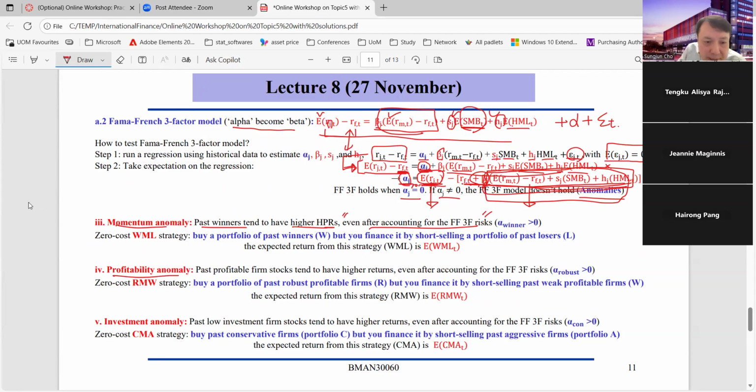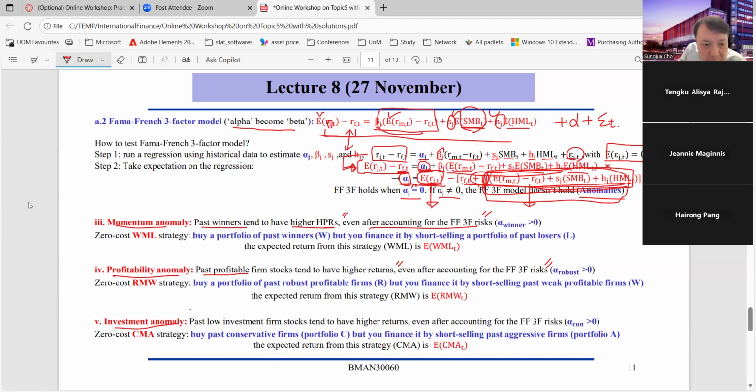What is the profitability anomaly? We rank the firms in terms of profitability. If you buy a group of profitable firms, that strategy will generate higher returns even after accounting for Fama-French three-factor risk.